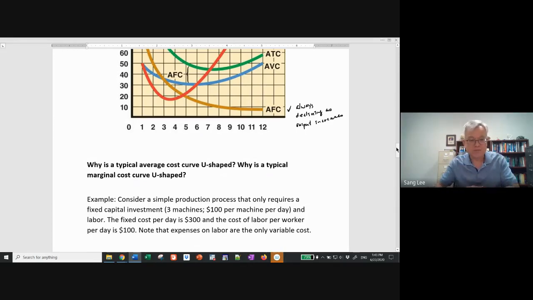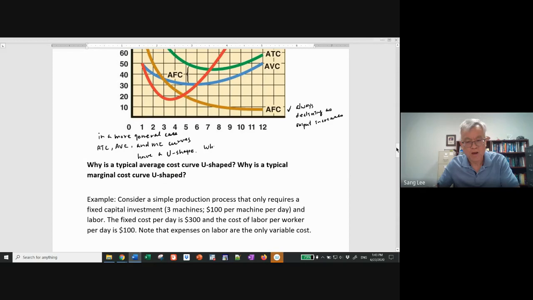Now, in this example, in a more general case, ATC, average total cost, average variable cost, and marginal cost curves have a U shape.